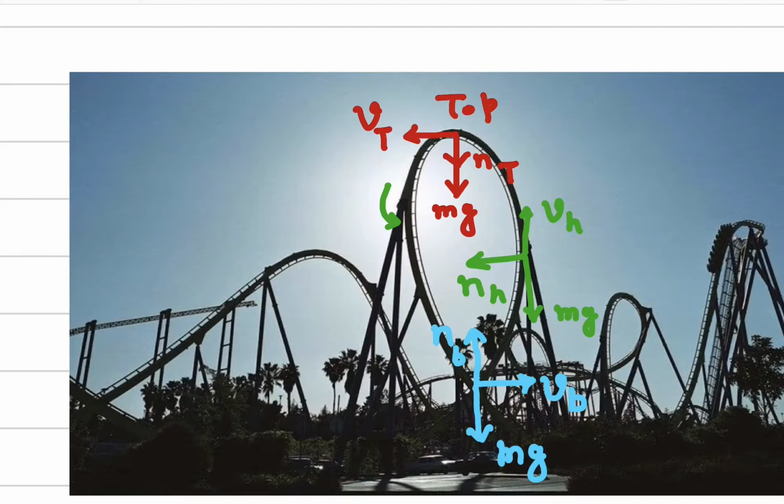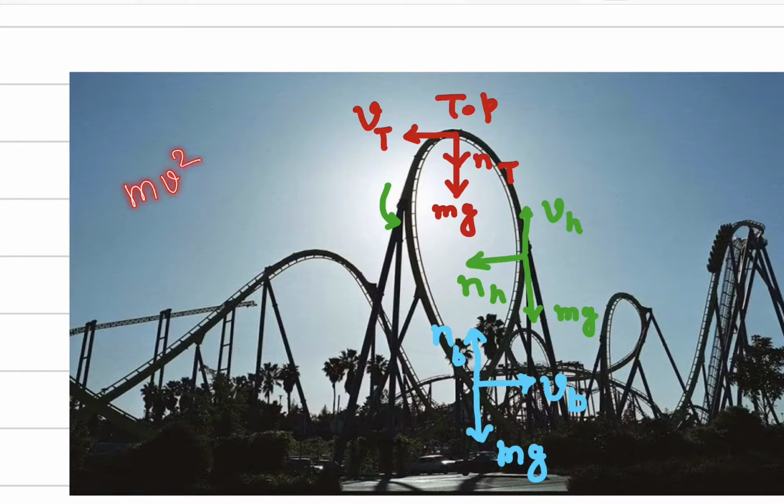And in this particular example, this normal force and the mg, the weight, together are providing the required centripetal force. And what is the equation for the centripetal force? If you recall, that's perfectly fine. Otherwise, I'll write it down here. mv squared over r is the formula for the centripetal force.